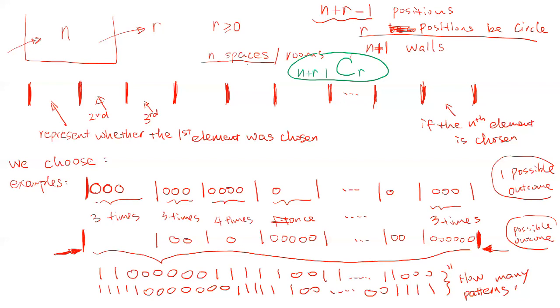In summary, when you do combinations with repetition, the formula is C(n+r-1, r). This is the number you're looking for.